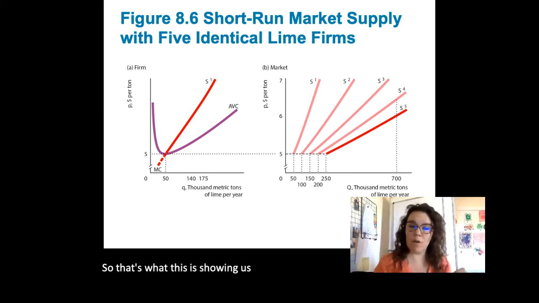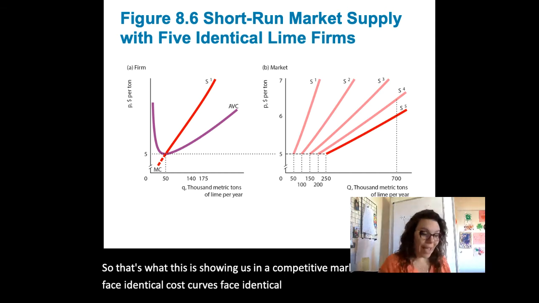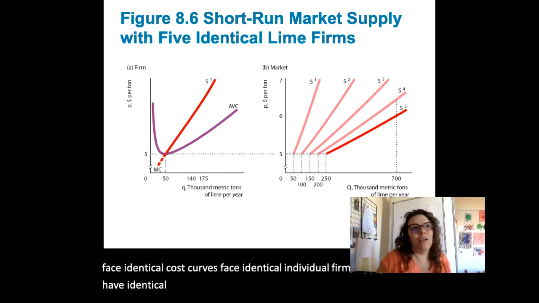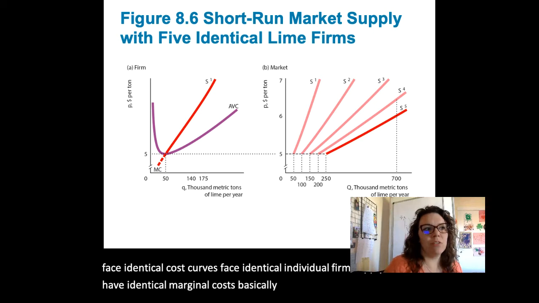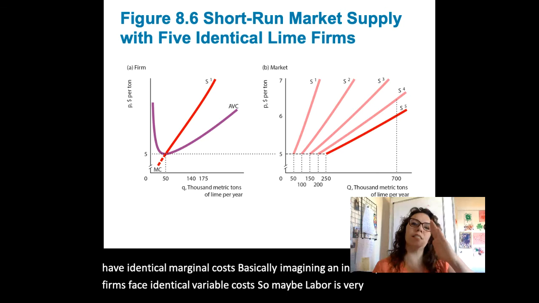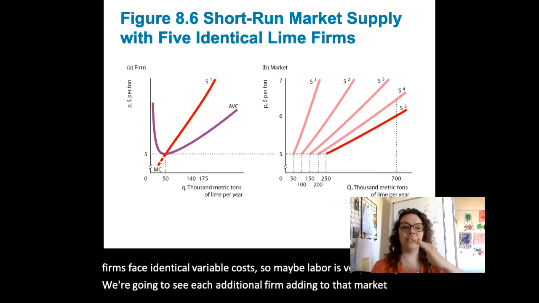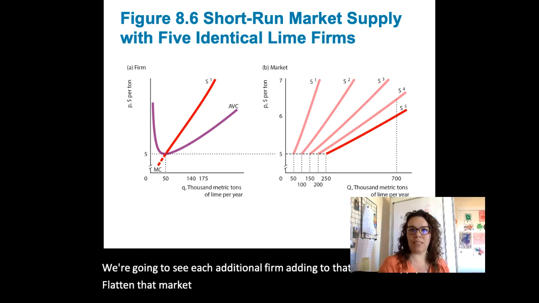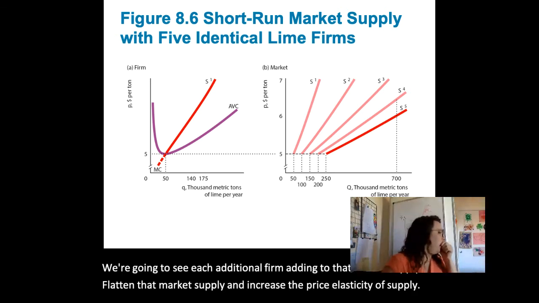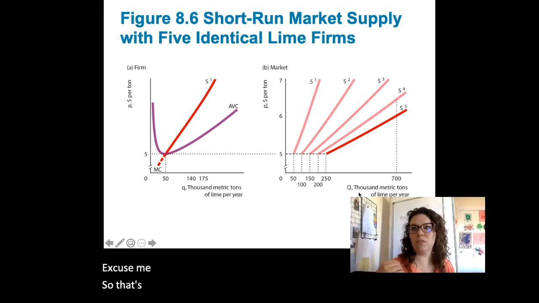In a competitive market where firms face identical cost curves, identical individual firm supply curves, and identical marginal costs, basically imagine an industry where firms face identical variable costs, so maybe labor is very homogeneous, we're going to see each additional firm adding to that market supply, flatten that market supply, and increase the price elasticity of supply. So that's with identical supply curves, identical marginal cost curves.